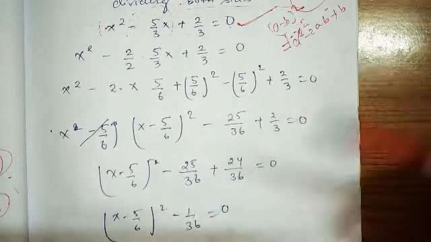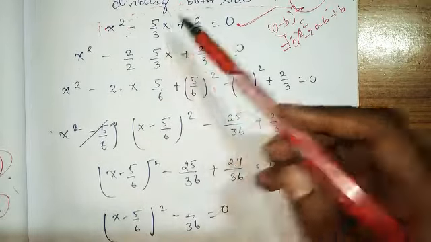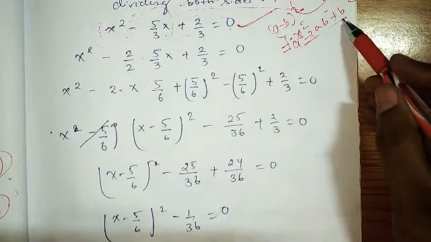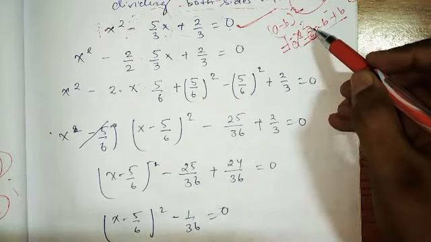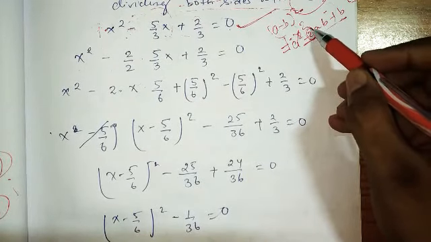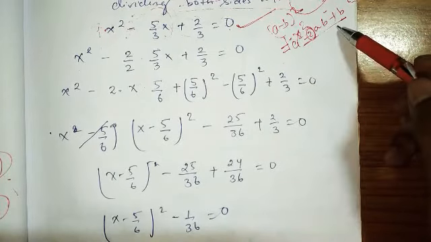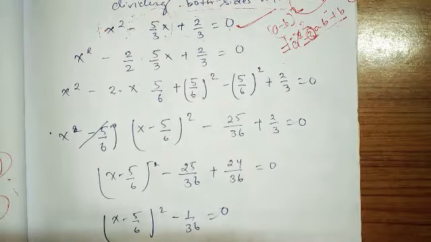Okay, now let's make the formula. So this is x square, and in this particular formula, here the second term is always with the number 2. In making the whole square formula, the second term is always the number 2, okay.